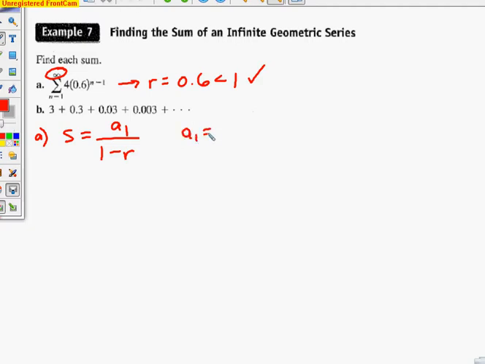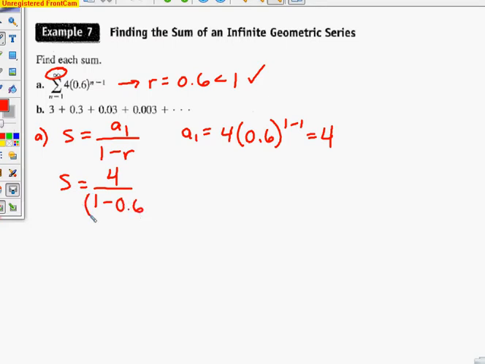What is a sub 1? Well, again, plug in 1, the bottom number for the exponent. 4 times 0.6 to the 1 minus 1. The exponent becomes 0, that base goes away, and our a sub 1 is 4. So this sum is 4 over 1 minus 0.6.